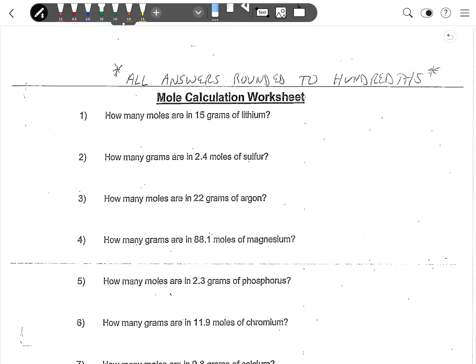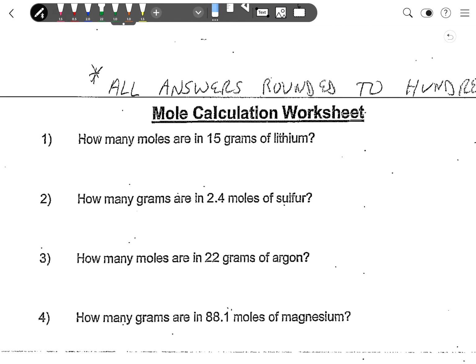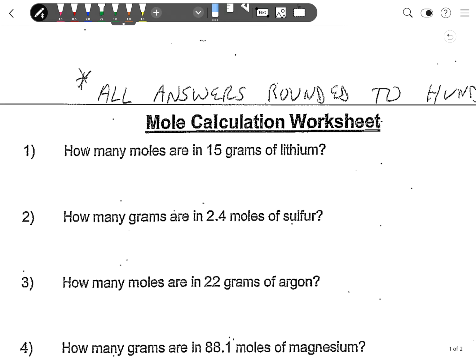So here we go. One thing you need to be looking for when you're trying to solve one of these mole problems is to find out what they're asking you to find and what they're giving you to start with. They're asking me to find how many moles, and 15 grams of lithium is what they're giving you to start.